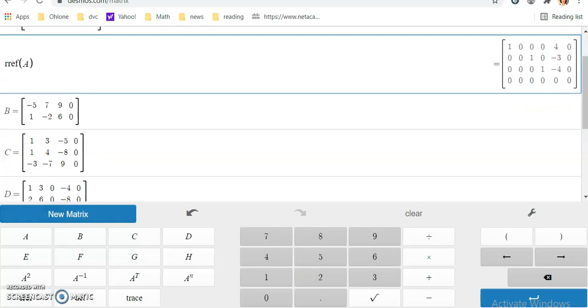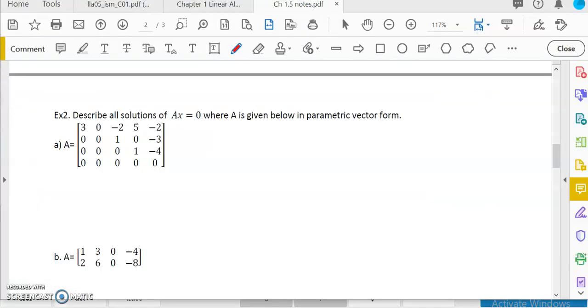So let's copy it down. This is solving Ax equal to 0, so that means we would write it as 3, 0, negative 2, 5, negative 2, 0, and 0, 0, 1, 0, negative 3, 0. That's what I entered earlier.